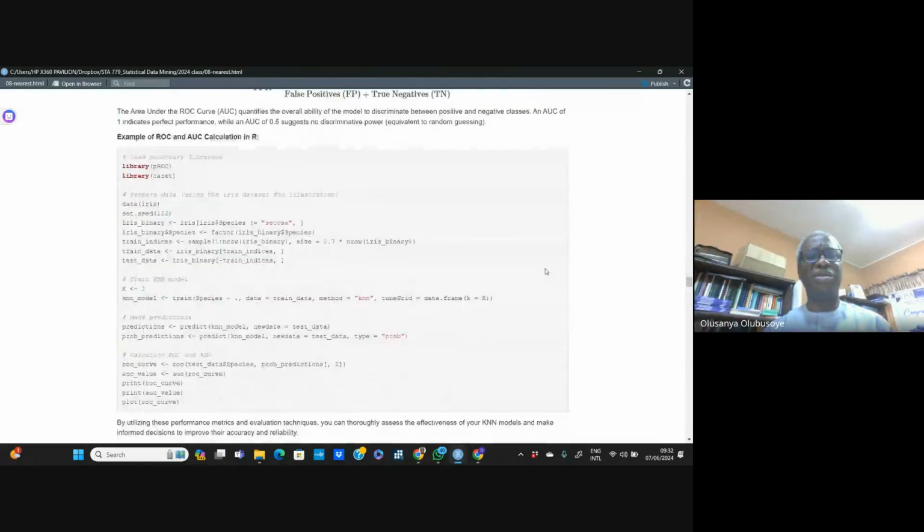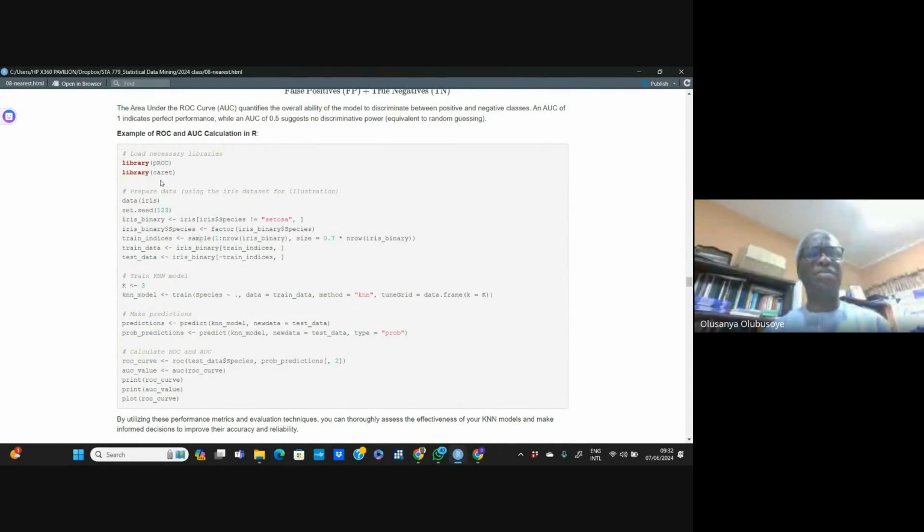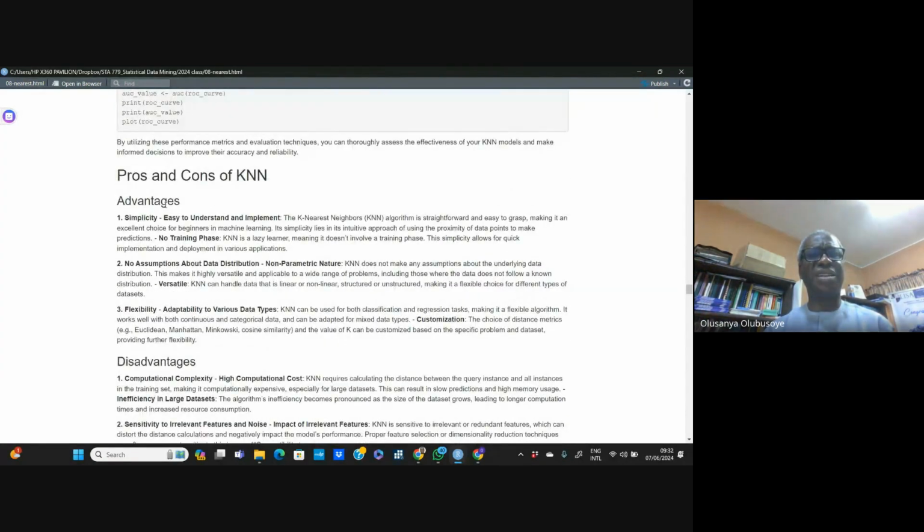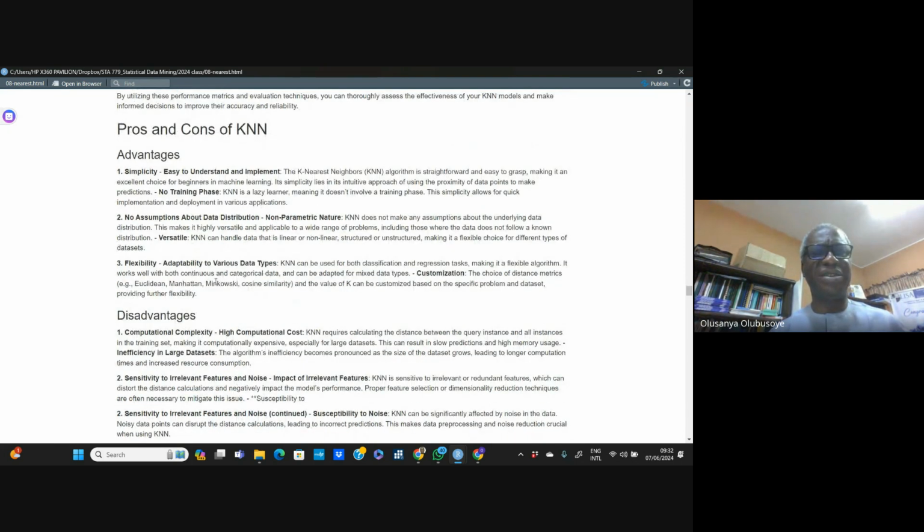So you can also calculate them using these 2 libraries, the pROC library and the caret library. These are the pros and cons of the KNN.